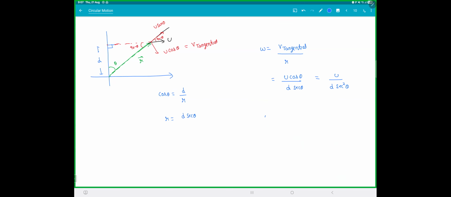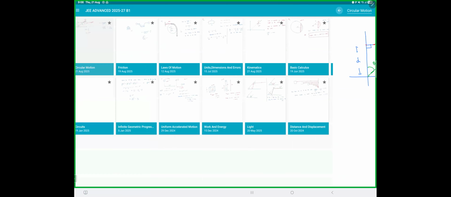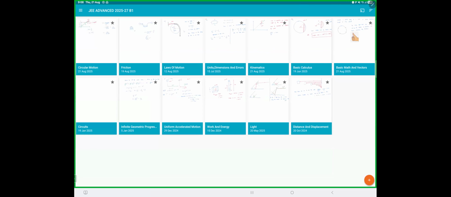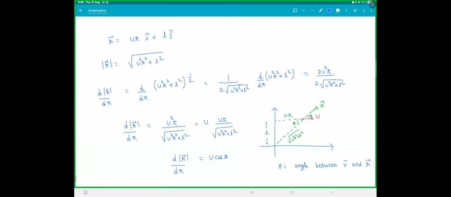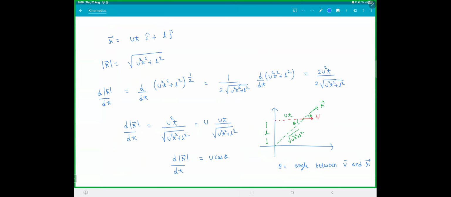Then you can simplify this, so you will get it. So this will give you omega at that instant. This idea we have seen in kinematics, page 41.